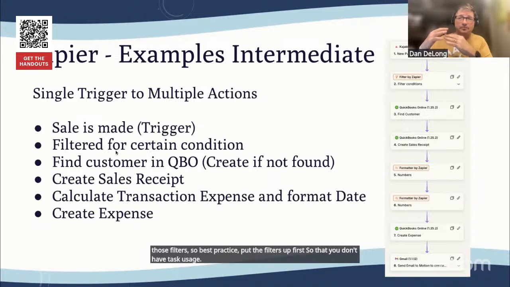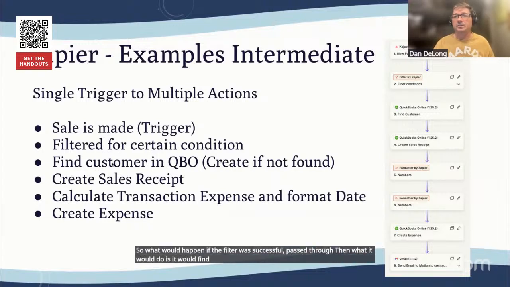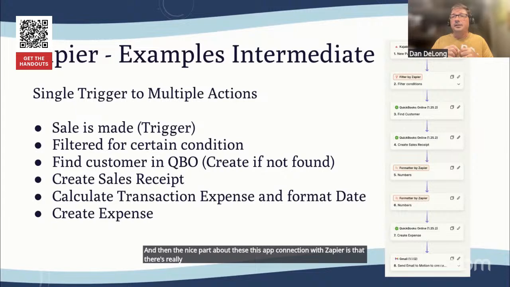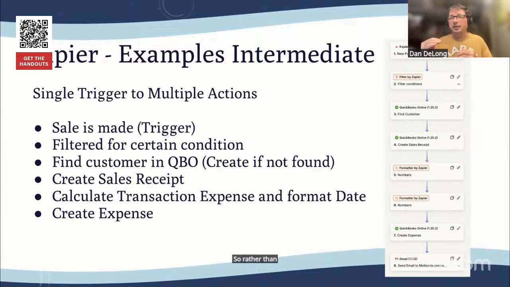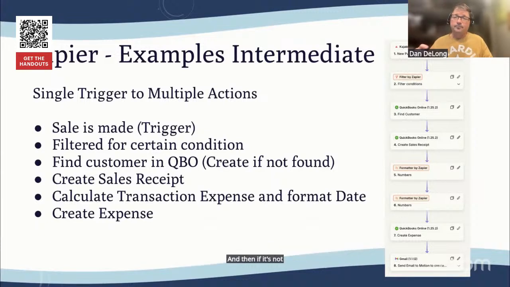If the filter was successful and passes through, it would find the customer in my QuickBooks. The nice part about this app connection with Zapier is that there's a checkbox to say, if it's not found, create the customer. Rather than creating two additional steps, it allows you to search for it first, and if it's not found, it will create it. This is where the double-edged sword is.